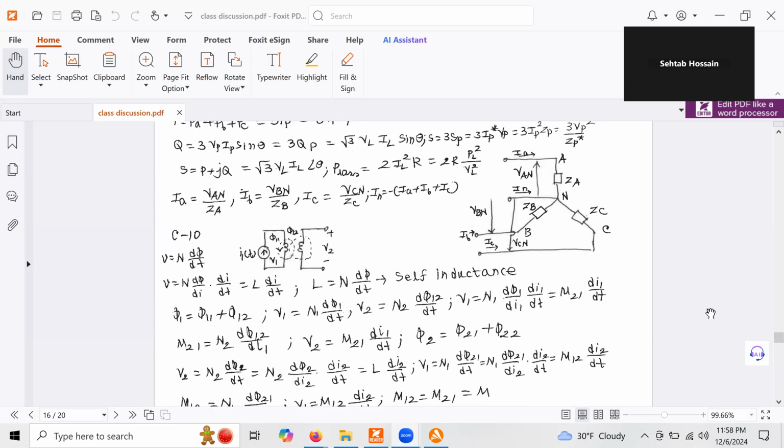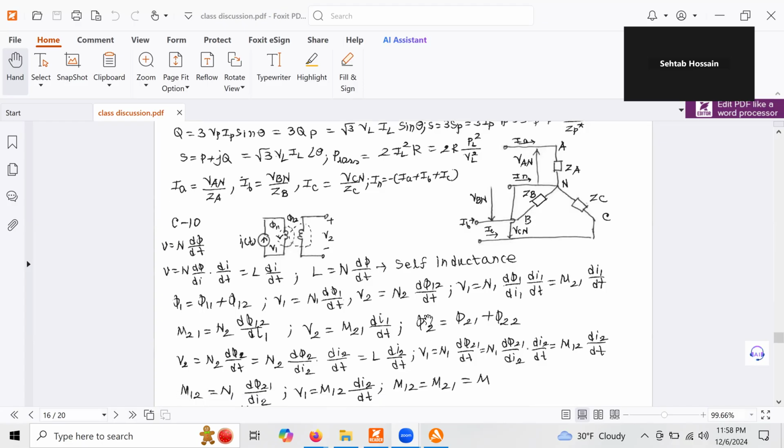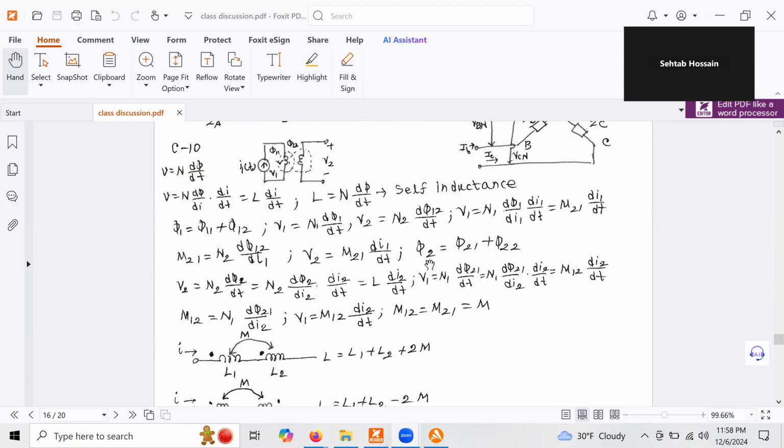So it's the same format. V1 will be N21 d/dt of I1. N21 is actually N2 di1 of phi 12. For the case of V2, M21 di1/dt. And our total magnetic flux will be phi 2 equal to phi 21 plus phi 22.